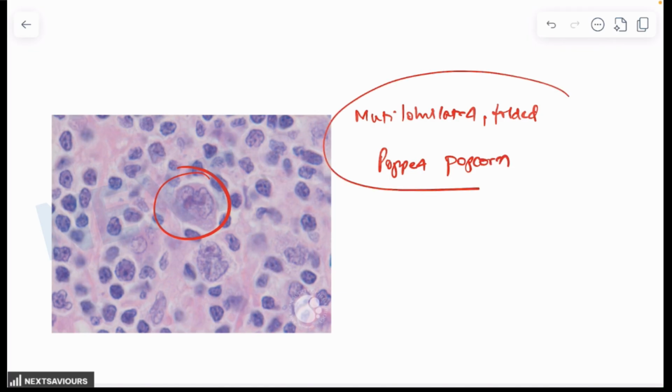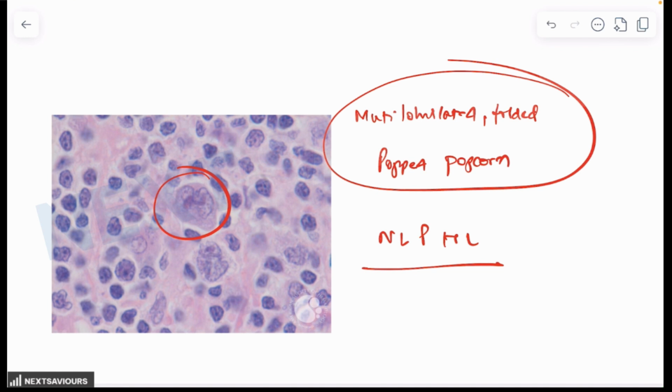And once you find this image of popcorn cells, which is also known as the lymphocytic and histiocytic variant of Reed-Sternberg cells, these are the characteristics of the nodular lymphocyte predominant Hodgkin's lymphoma.